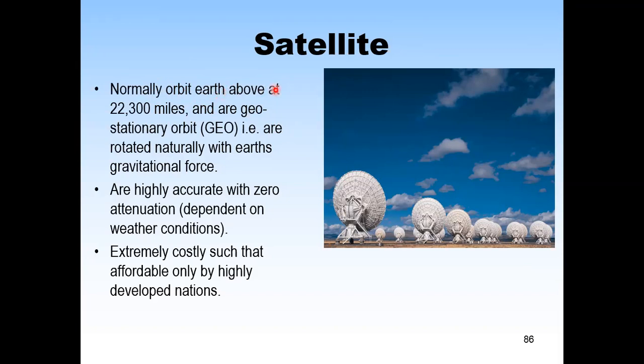Normally the geostationary orbit is above Earth at 22,300 miles.